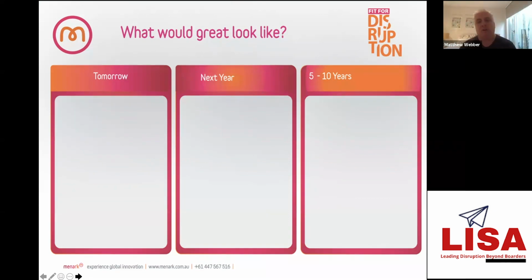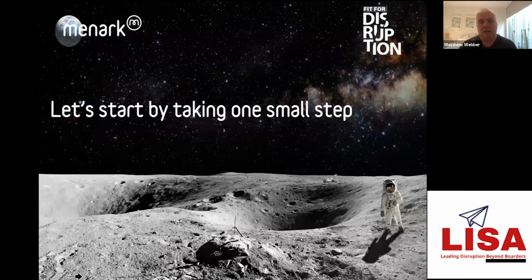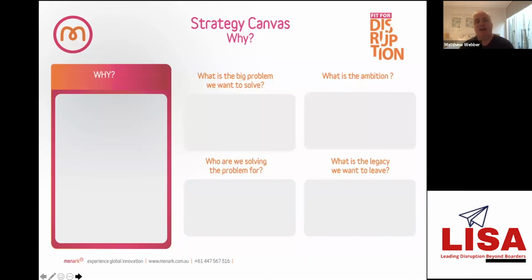What does great look like? What does it look like next year? And what does it look like in 5 or 10 years? Map that out. But you do have to take one small step, right? Again, this is a repeat, and I won't spend much time on it because it's stuff you would have considered as you went through the business model canvas stage.